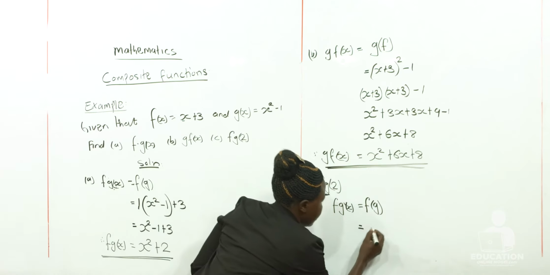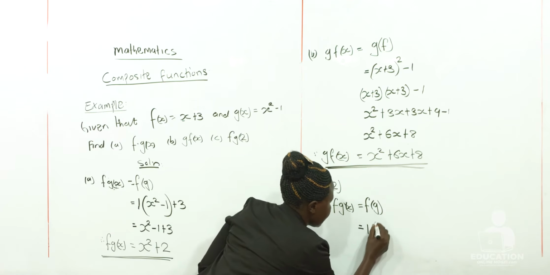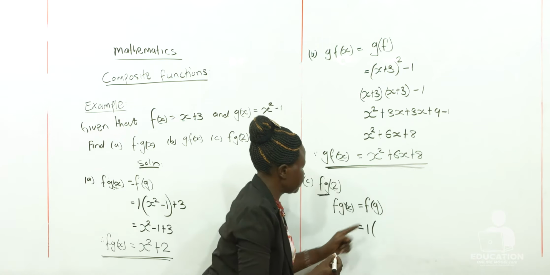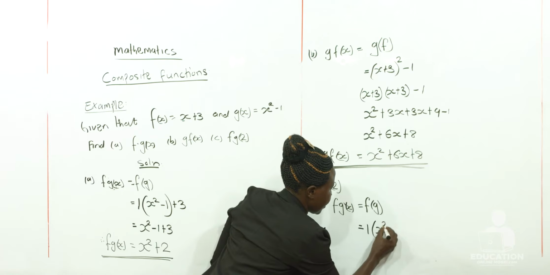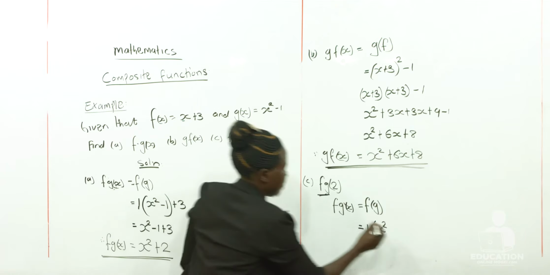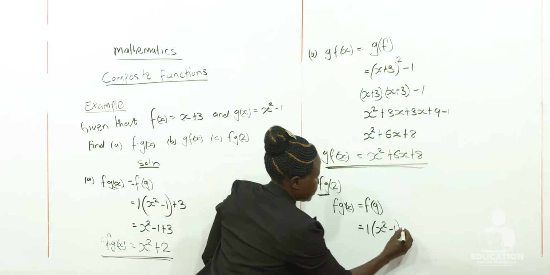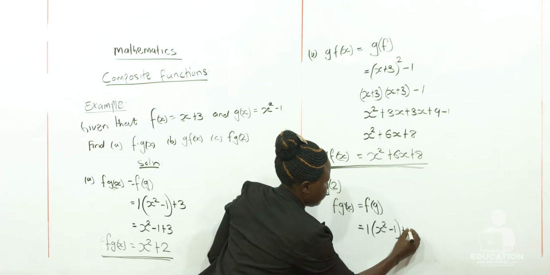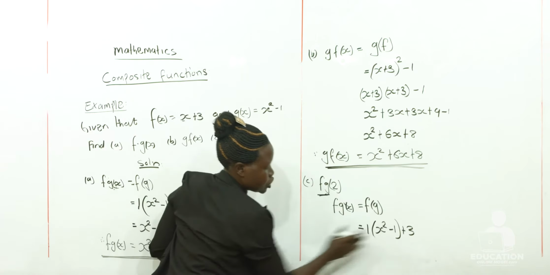Then our coefficient here will be 1, and then you open the bracket, we have g, which is x square, the whole of g, and then minus 1. And then plus that one of f, which is plus 3. So that is your expression.